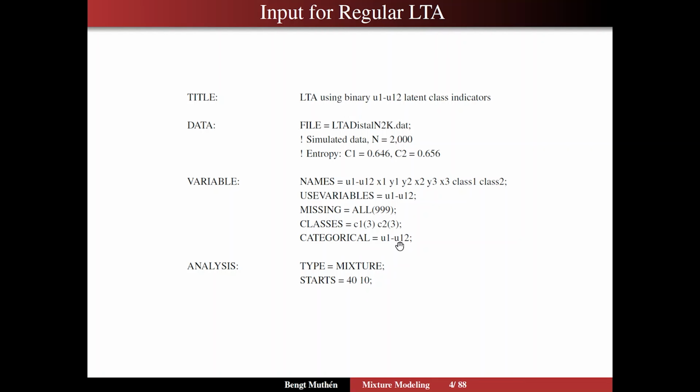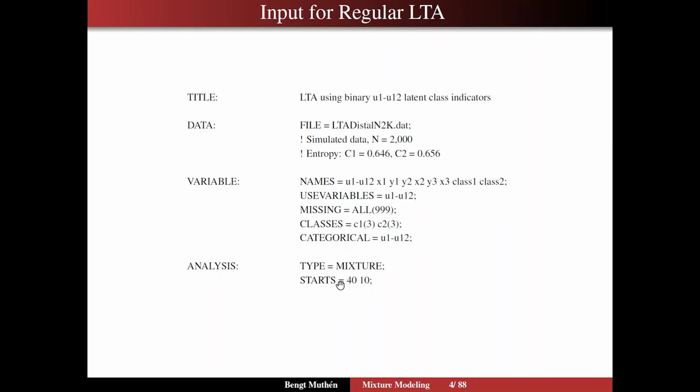And we declare U1 through U12 as categorical, and the program figures out that they are in fact binary. And we do mixture modeling with a moderate level of starts, 40 initial and 10 final analyses based on these perturbed random starting values.